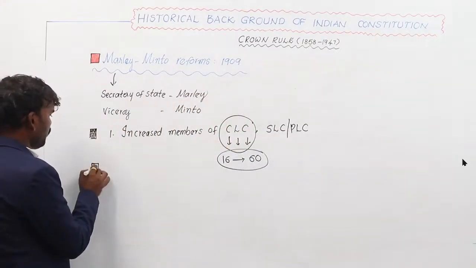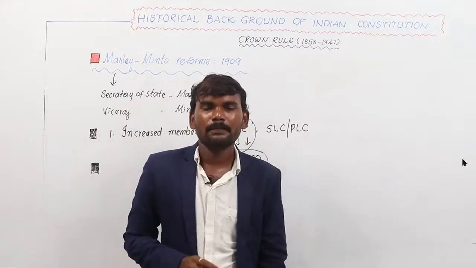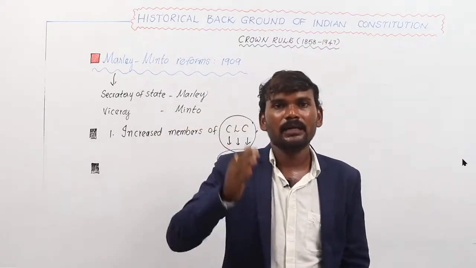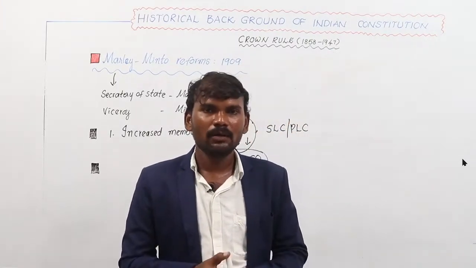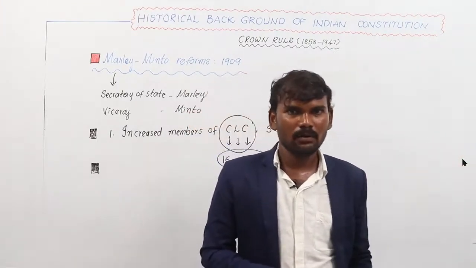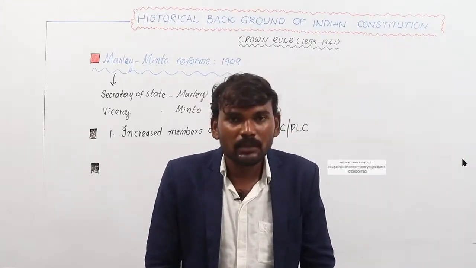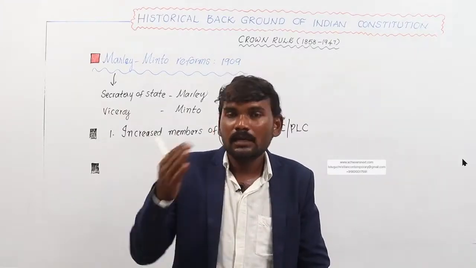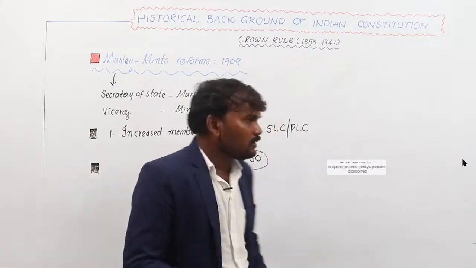Second important key point of this act is, for the first time, to the Executive Council of Viceroy, an Indian is nominated. Before 1909, Indians were nominated to the Central Legislative Council. Indians became a part of the law-making process before this act. But by this act, for the first time, Indians are also nominated to the Executive Council of Viceroy.